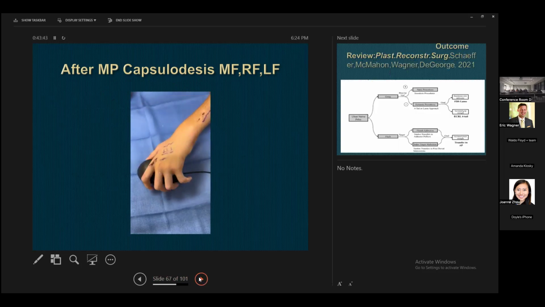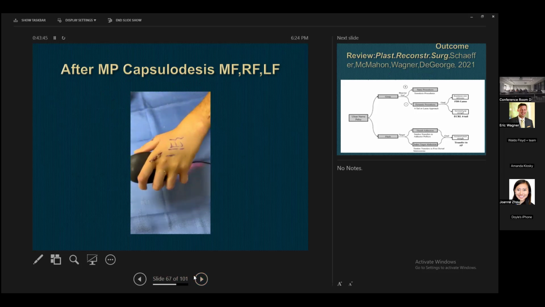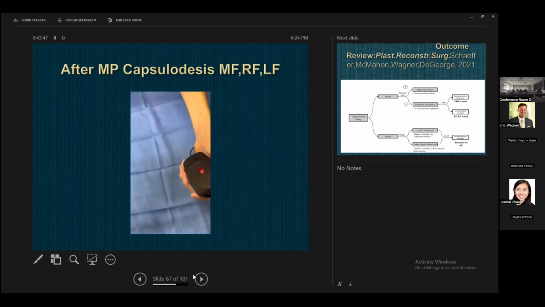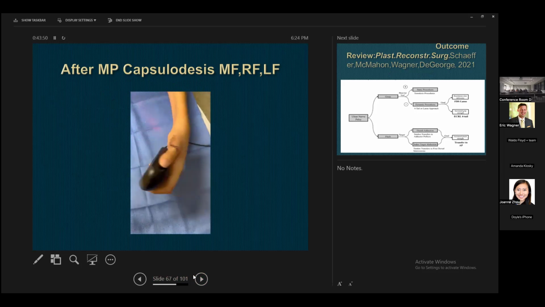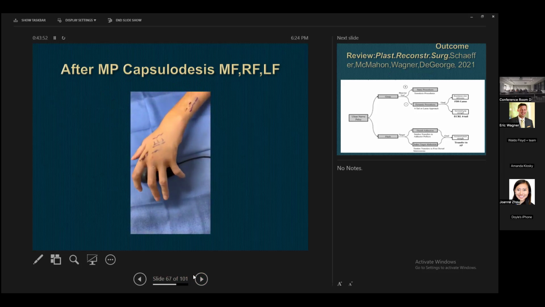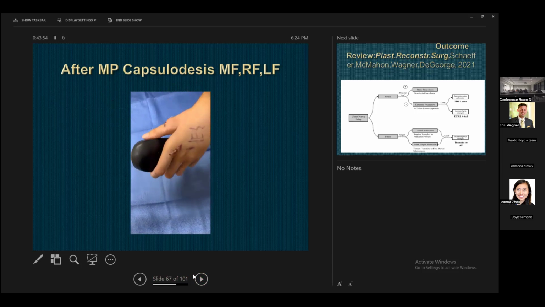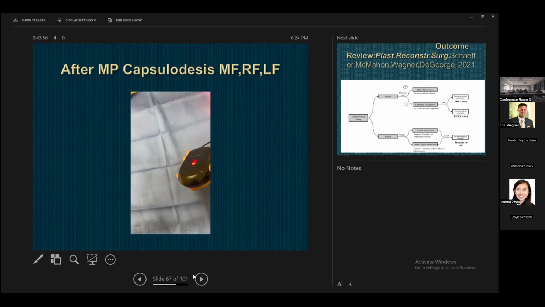And so there she is. You can see at the immediate first post-op visit, she's able to grip the mouse, the same mouse, with all 4 digits. So definitely in that case, I like the capsulodesis.